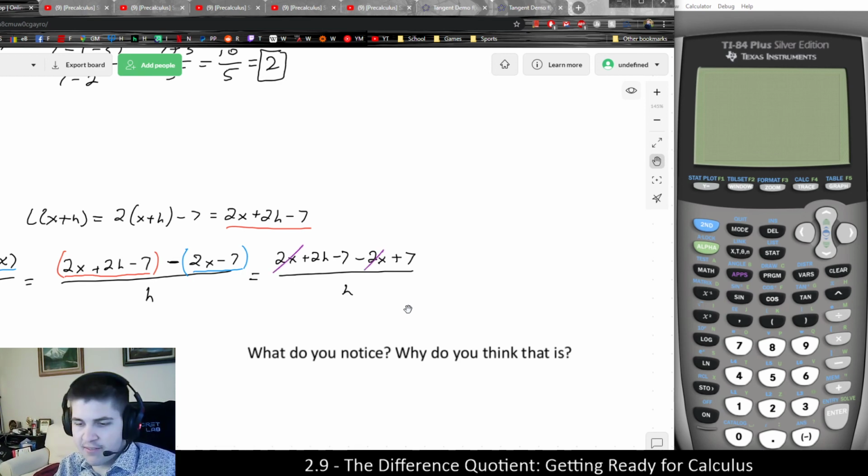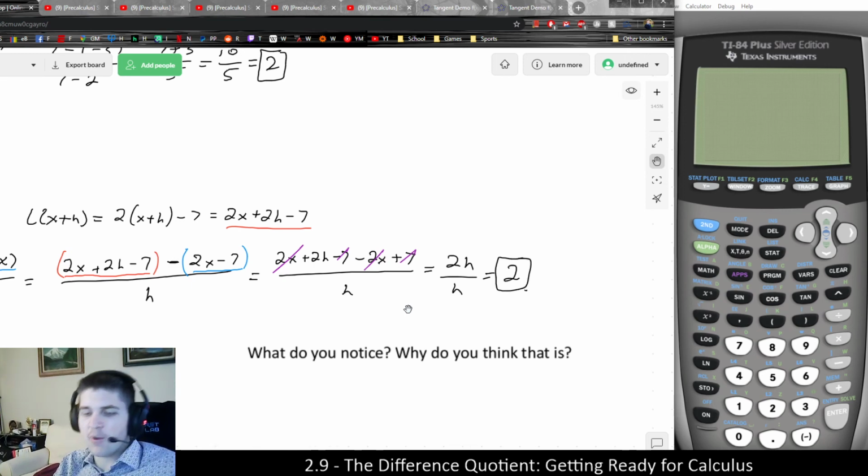And I have a minus 7 and a plus 7, which also cancels. So what I'm left with is 2h over h. And of course, h is now a common factor in this fraction, which will cancel.